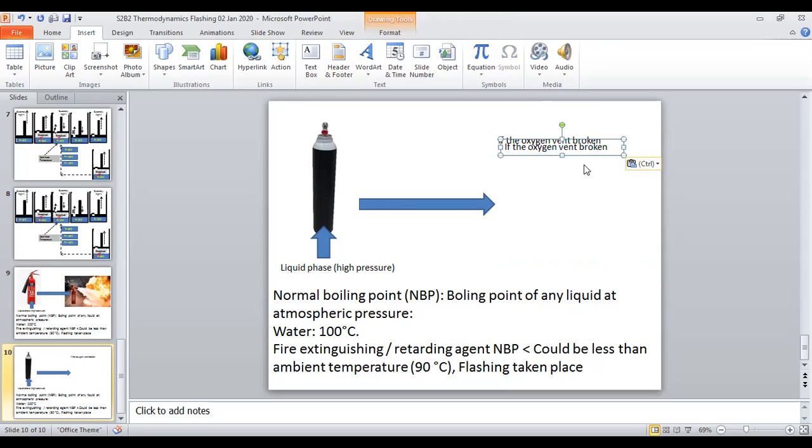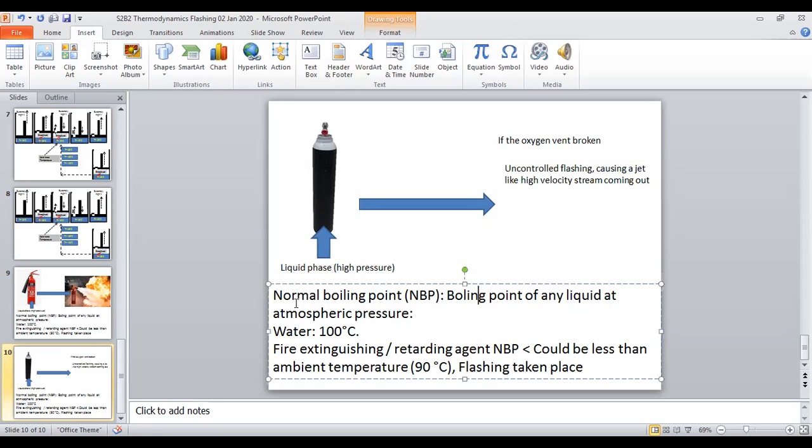What happens is uncontrolled flashing, causing a jet-like, high velocity stream coming out because of the flashing, because oxygen's normal boiling point, the boiling point at atmospheric pressure, is very low.